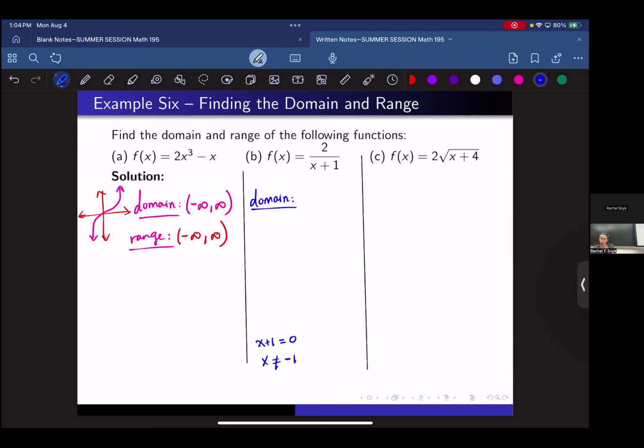That's our only restriction, which means how would we represent our domain? All values from -infinity up to -1, not including -1, union all values from -1 up to infinity.